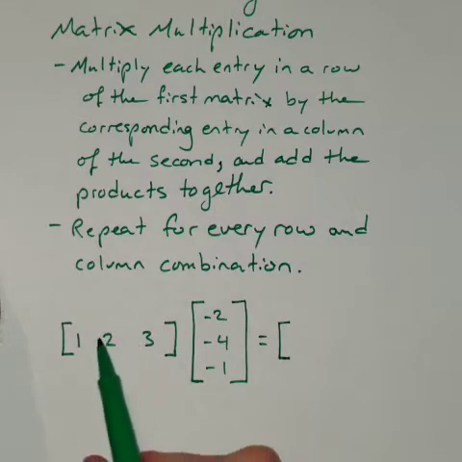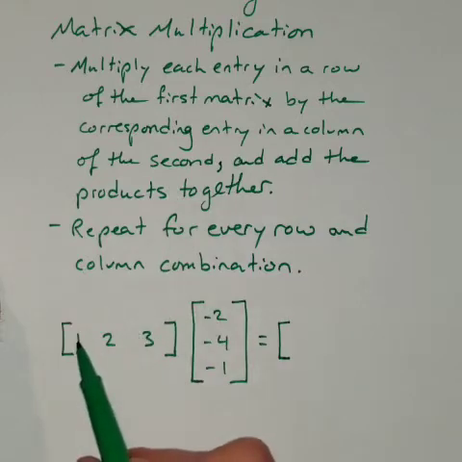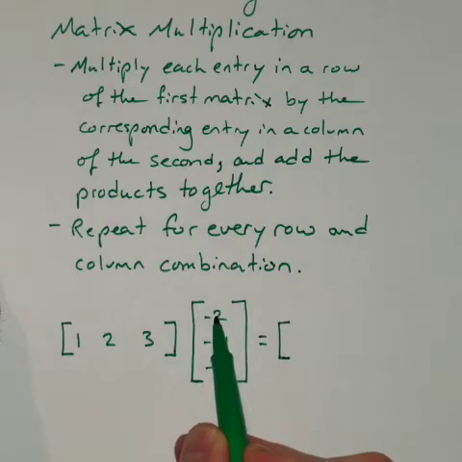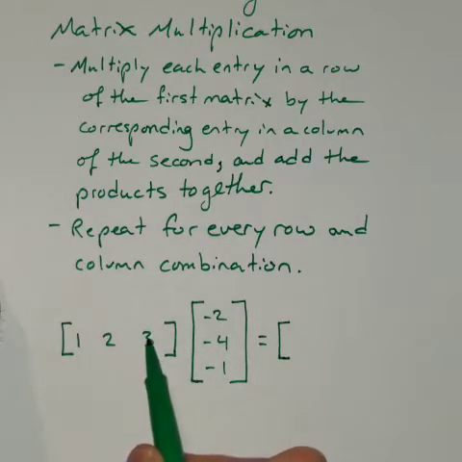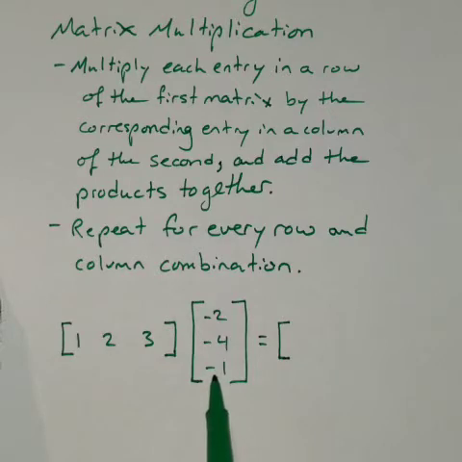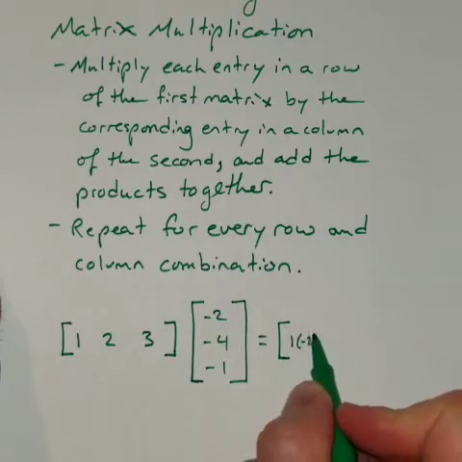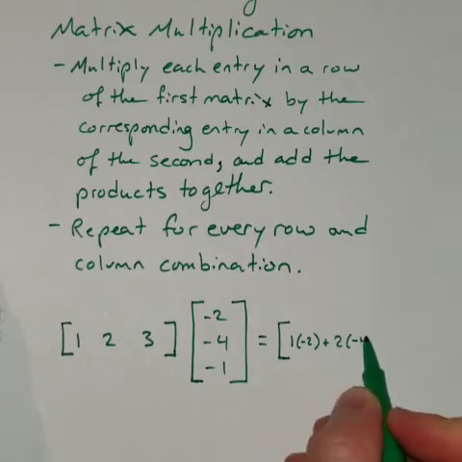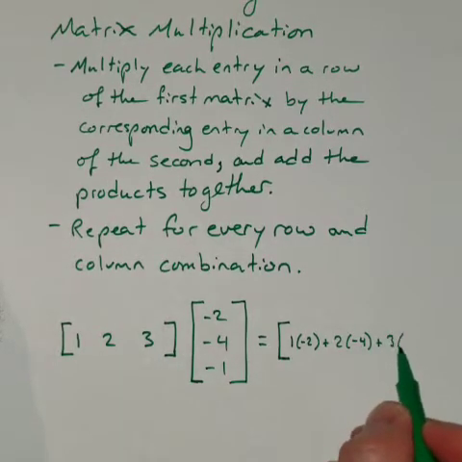And so whenever you multiply a row and a column, at least with this definition, you take the first entry of the row times the first entry of the column, then the second entry of the row times the second entry of the column, third entry of the row times the third entry of the column, and then you add all those products together. So we would go 1 times -2 plus 2 times -4 plus 3 times -1.